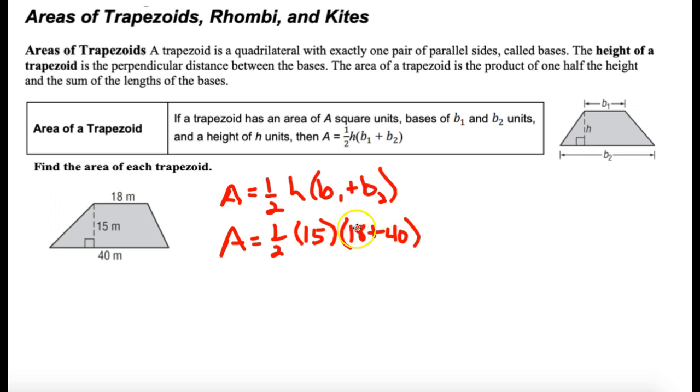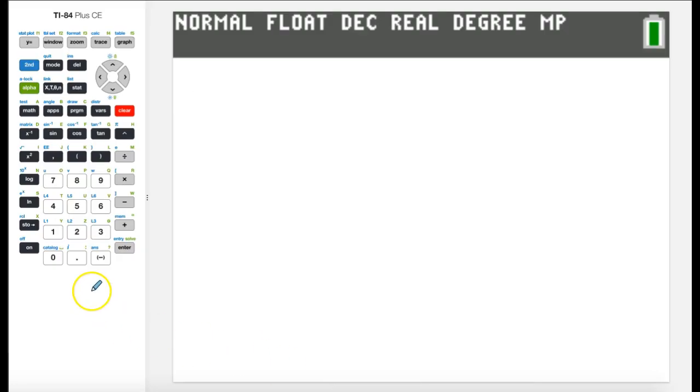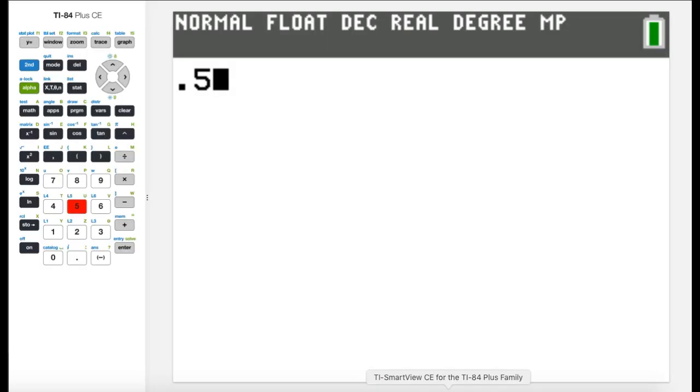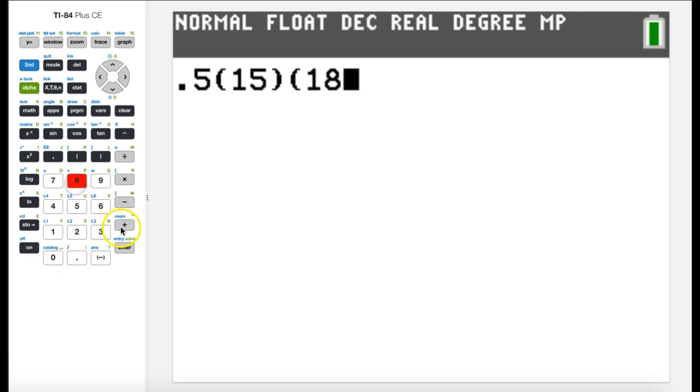So I can type this into the calculator exactly like this. I'm going to do 0.5 for 1/2, but 0.5 times 15 times 18 plus 40, like that.